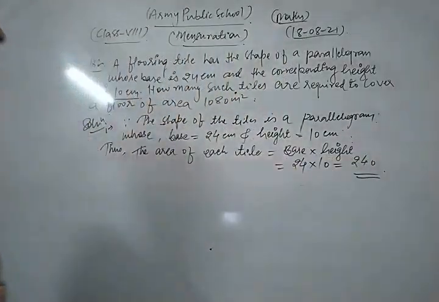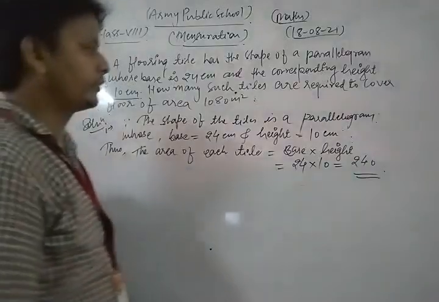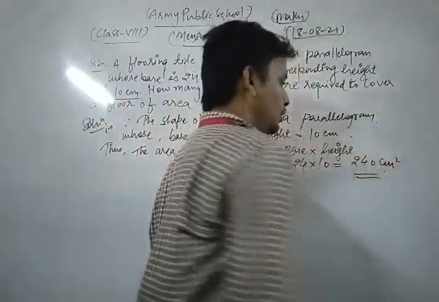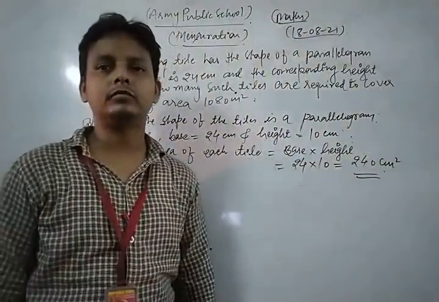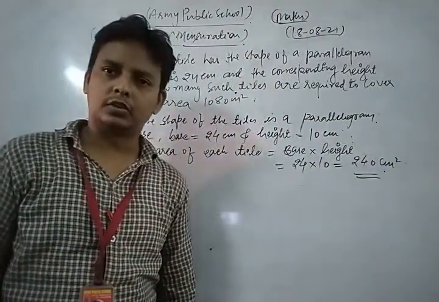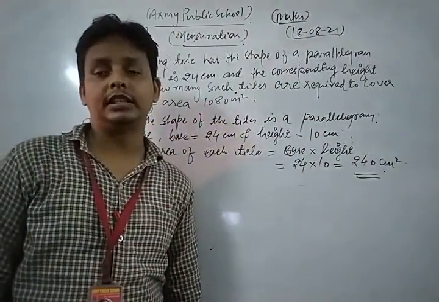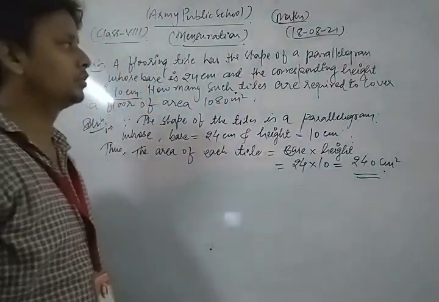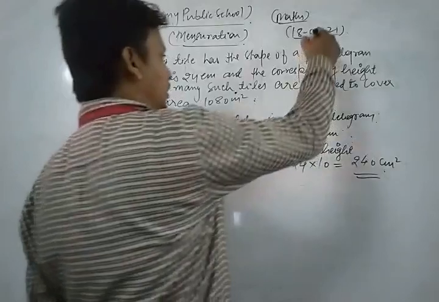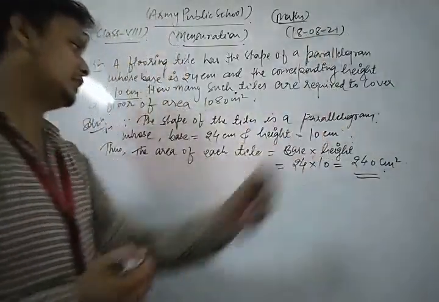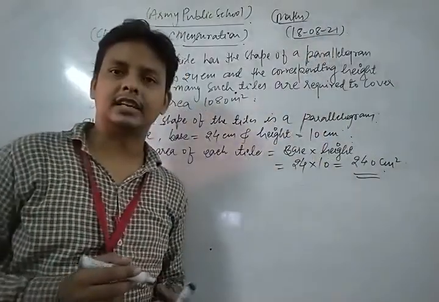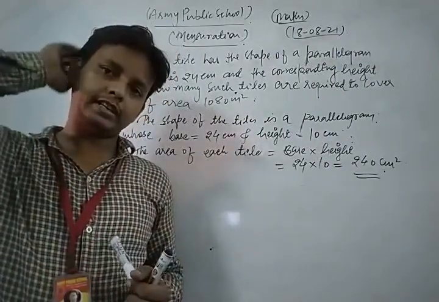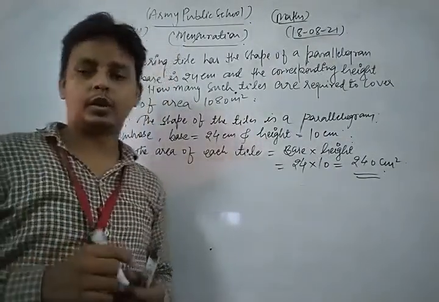This is the area of each tile, 240 centimeter square. This is the area of each tile. Okay, now what do I do for that question? Look, dear friends, in this way we find the area of each tile, which is 240 centimeter square.